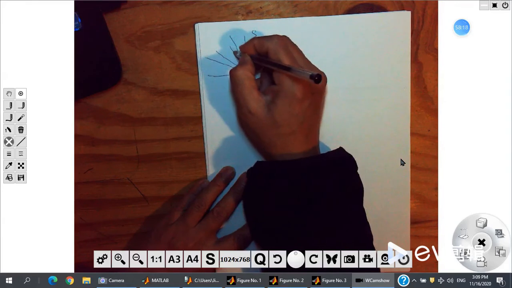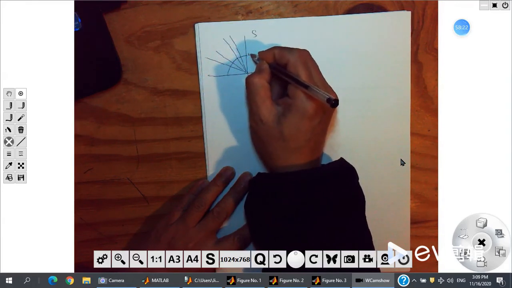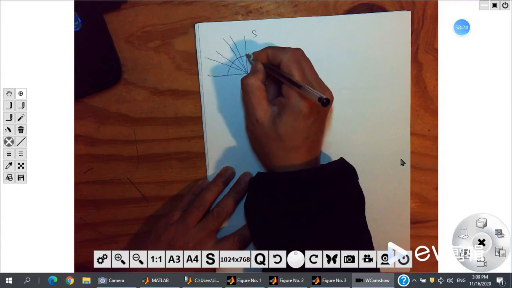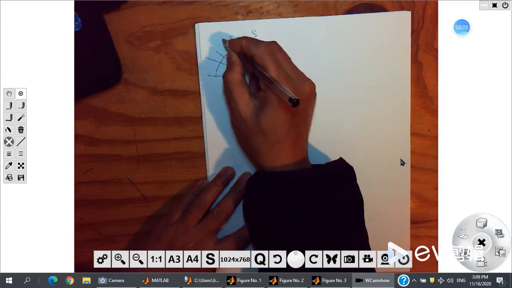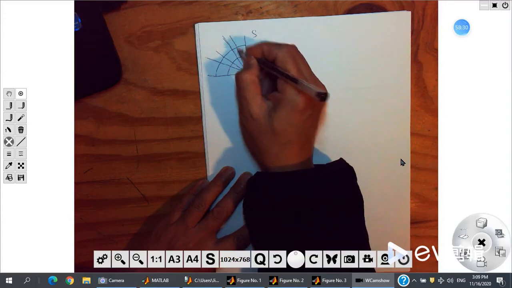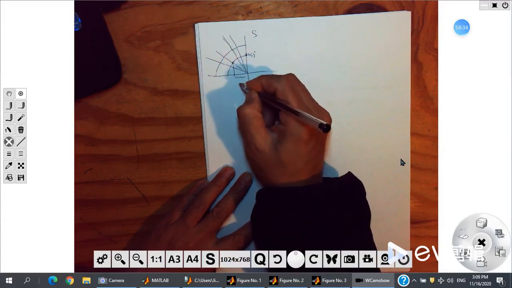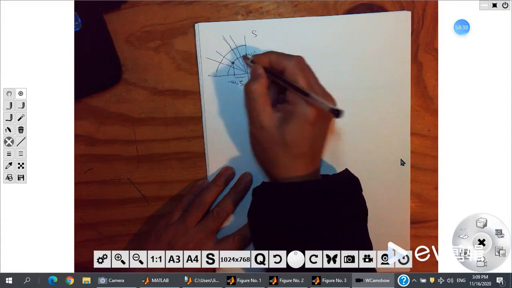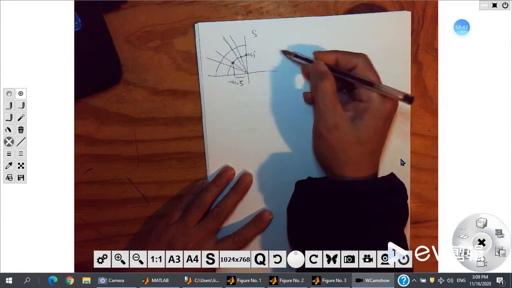This is omega n, and this angle gives you zeta, the theta. So this point here will be negative omega n times cosine theta. If poles are on this side, the system is unstable.